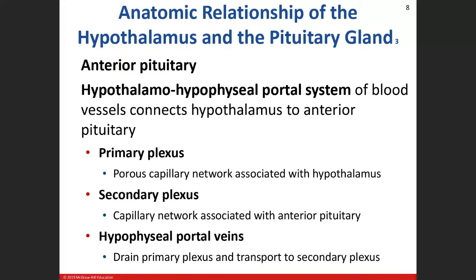I'll try to spell it for you guys. I'm not going to write out the whole hypophysis. Adeno, that's the anterior pituitary.